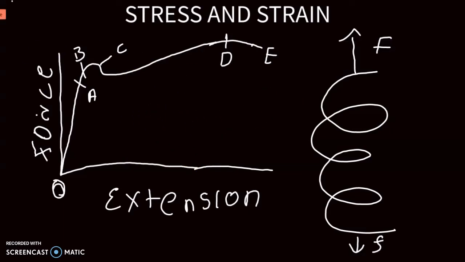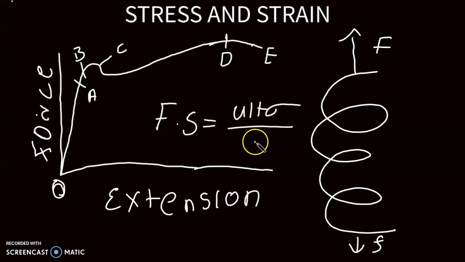Then we have something else that we call the factor of safety. Factor of safety is given by the ultimate stress divided by the working stress. The ultimate stress will occur here, and the working stress is the safe stress to apply to that object.